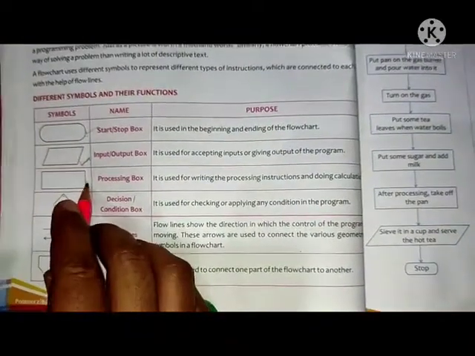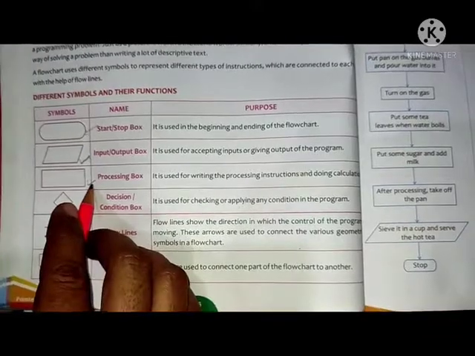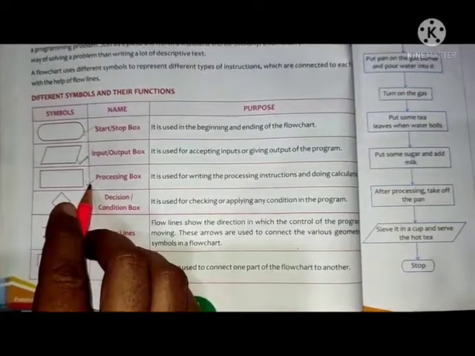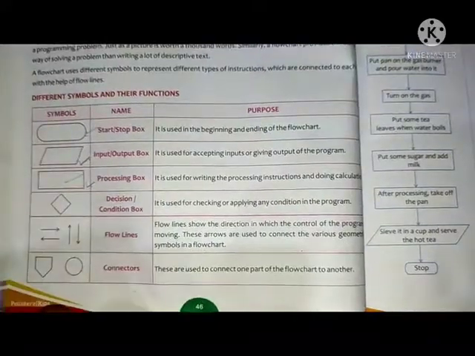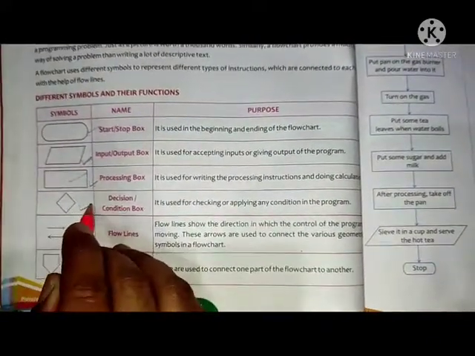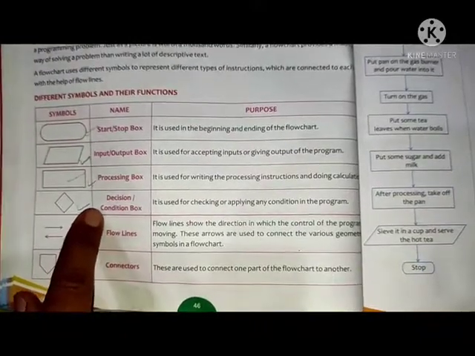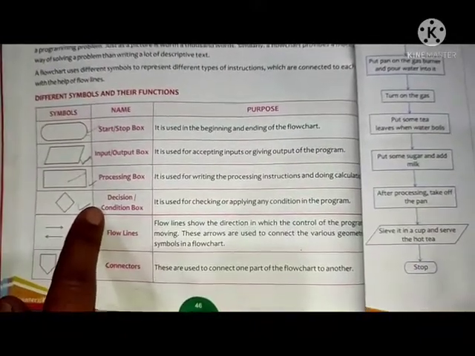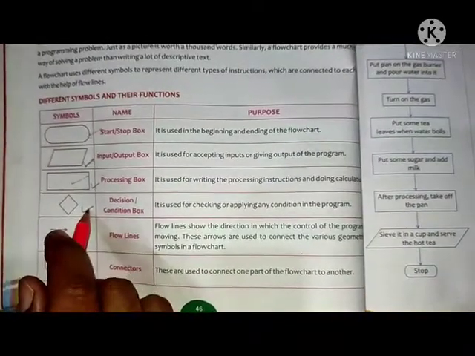Third one is the processing box. This is used for writing the processing instructions. It means whatever the calculations are there, we have to write the calculation in this box. Next is the decision box or condition box. Whenever we want to check the condition, whether it is true or false, whenever we have to take the decision, then this box is to be used.